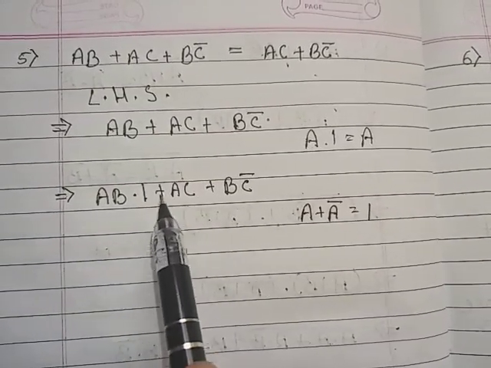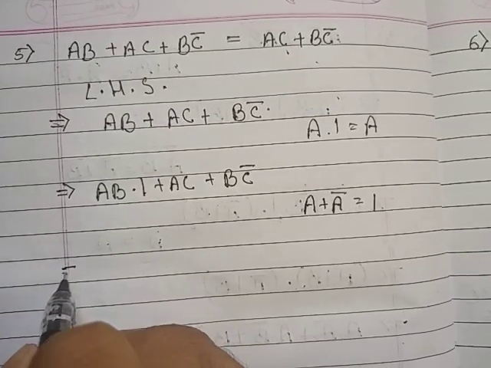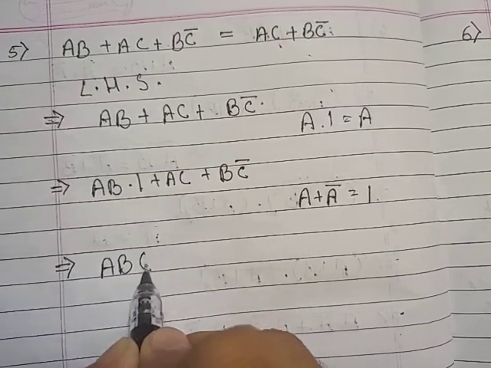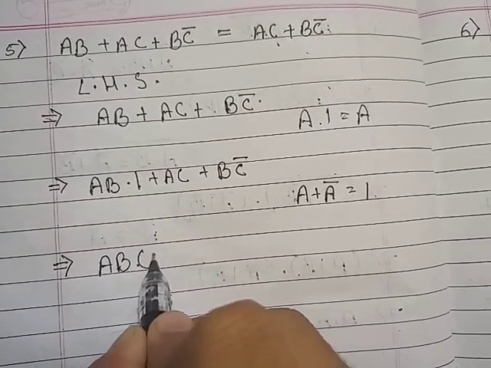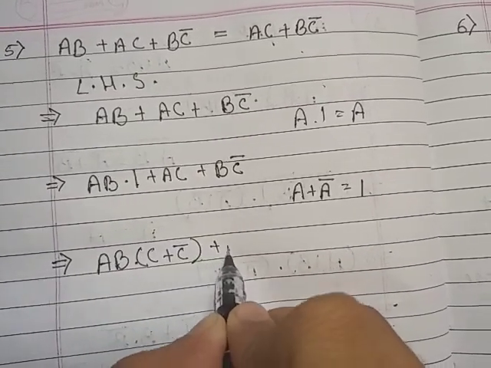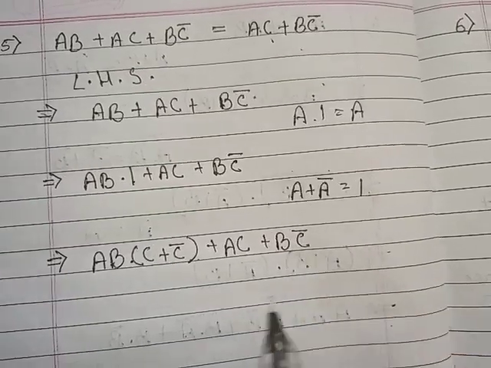So we are going to substitute C here. So we will have AB dot (C plus C bar) plus AC plus BC bar.